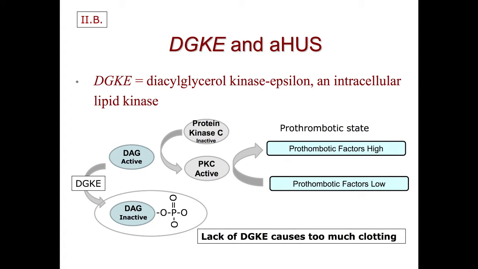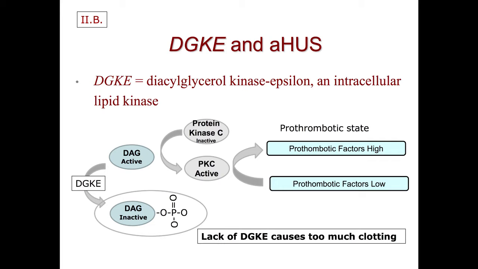There's also DGKE, and I think Boo's going to talk briefly about that, which is not a complement gene, but is associated with atypical aHUS, and note in the box here that lack of DGKE causes too much clotting.